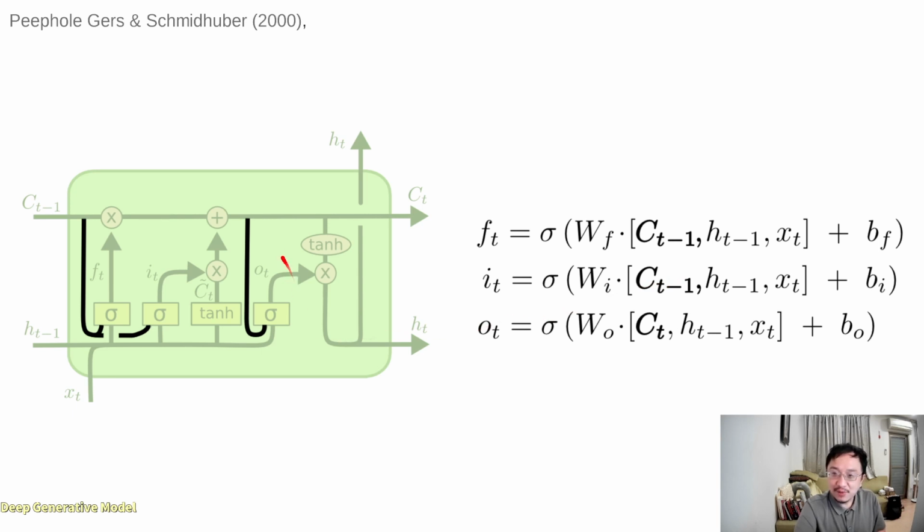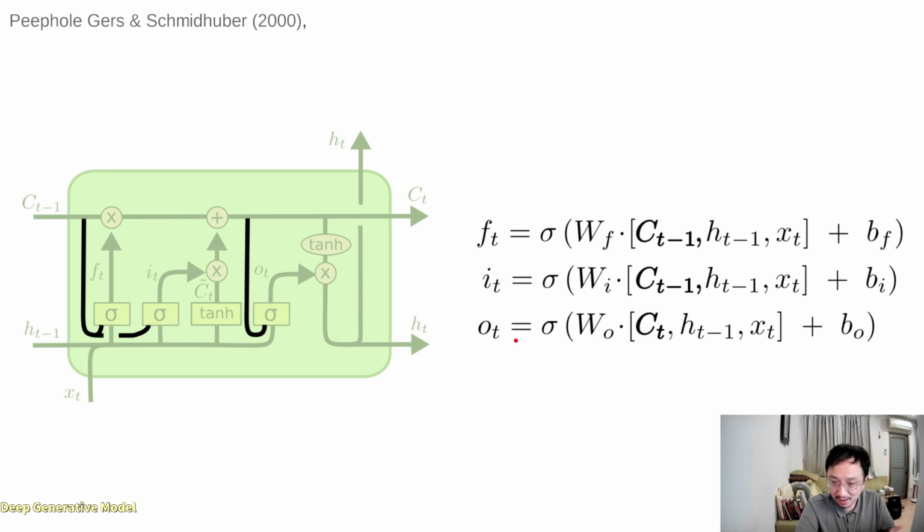So of course, after the ct is updated, all we have is just ct, not a ct-1. So we use the ct to update this gate. If you really want to use ct-1 to do so, I guess you can still use that. You just have another copy of ct-1 and maybe you use that ct-1, ht-1, xt together to decide what the output gate should be.